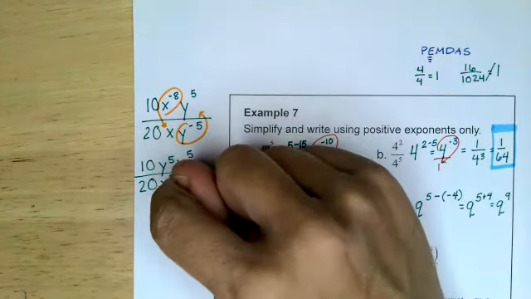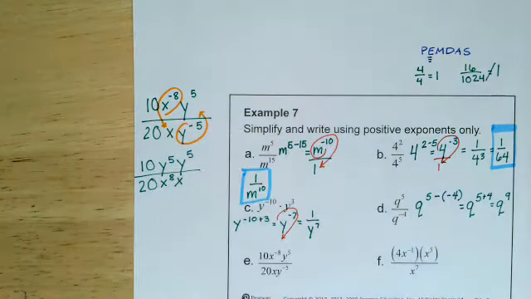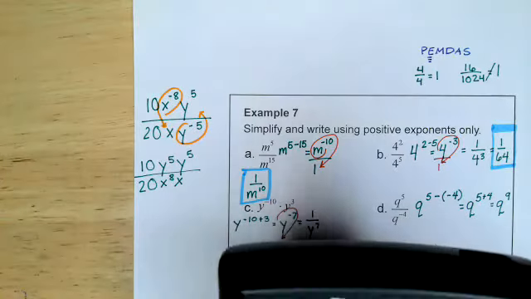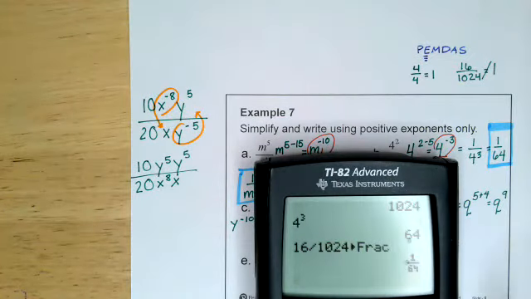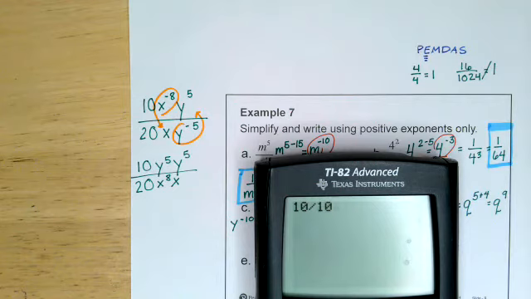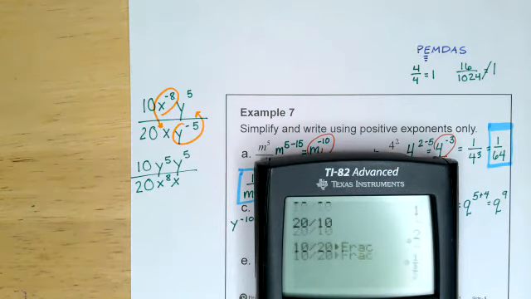The coefficients 10 and 20, we can divide both of those by 10, right? 10 divided by 10, 20 divided by 10, 1 and 2. So 10 divided by 20 is 1/2.